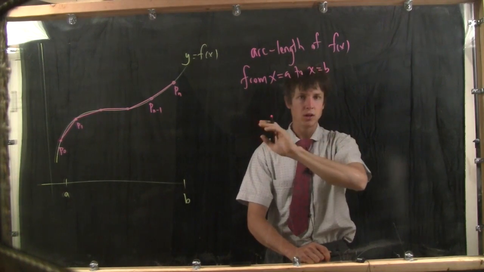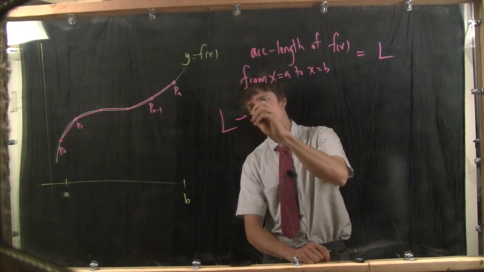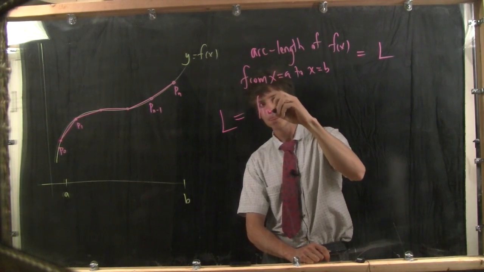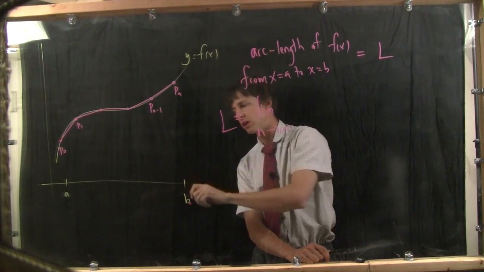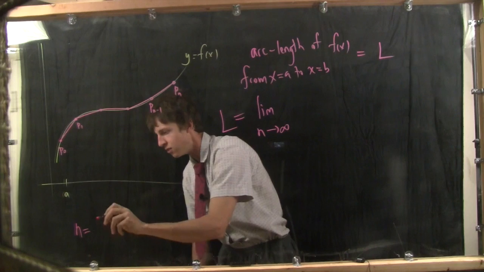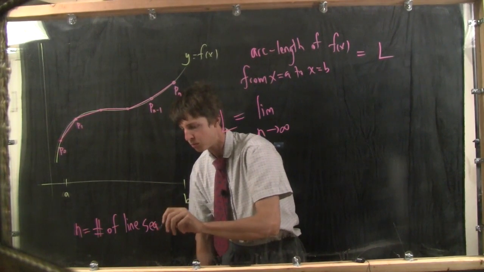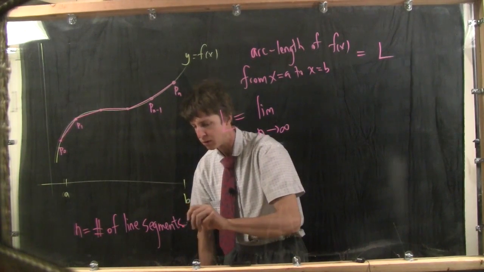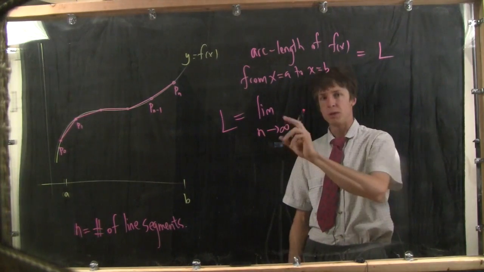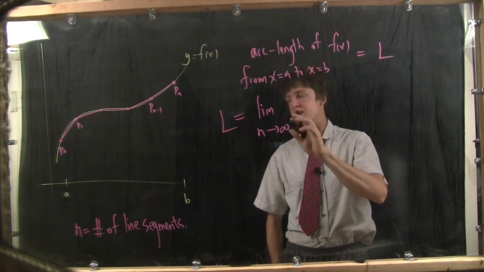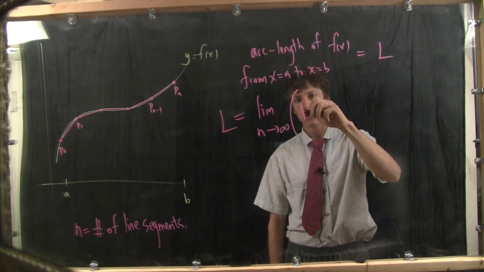This is sort of hard to write, so I'll just call this L. L will be the limit as n goes to infinity, where n is the number of line segments, of what you get when you add up the length of all those line segments.